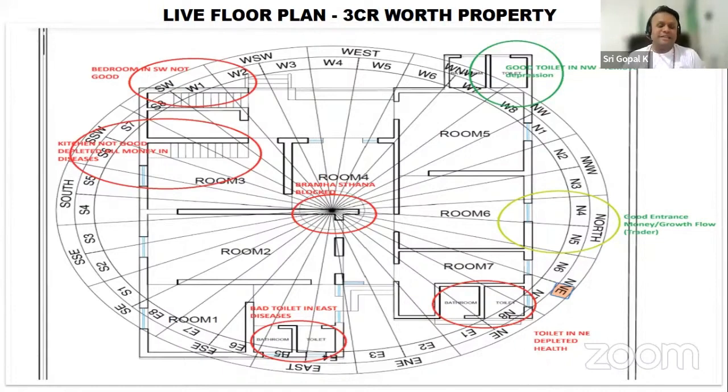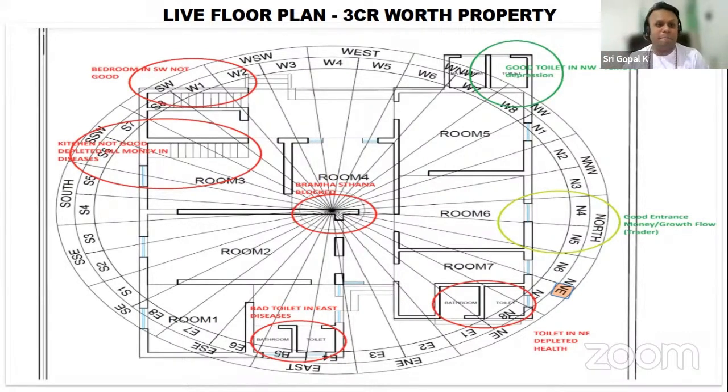If you split it into the 16 directions, at the exact point of south southwest you shouldn't have anything, because south southwest is a disposal element, and if you have anything there, it is going to deplete. And if you have a kitchen in the southwestern or south southwestern direction, here is an important, again, $1 million tip I'm giving you.